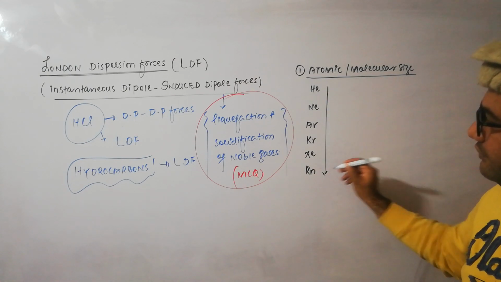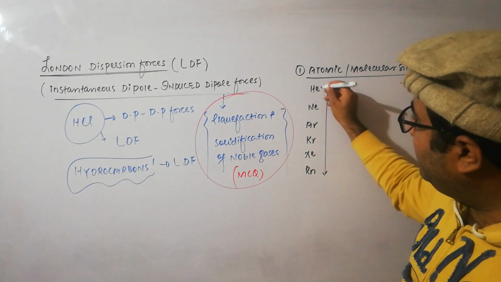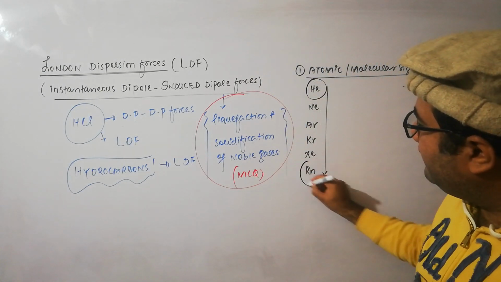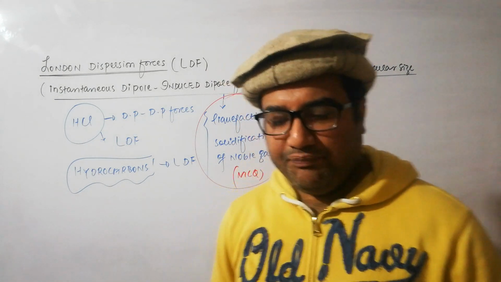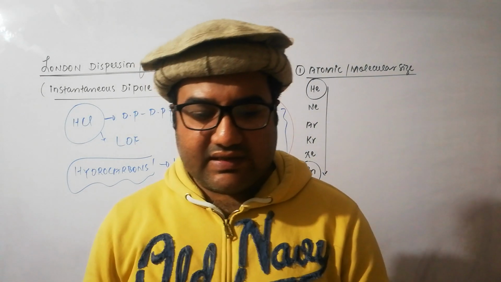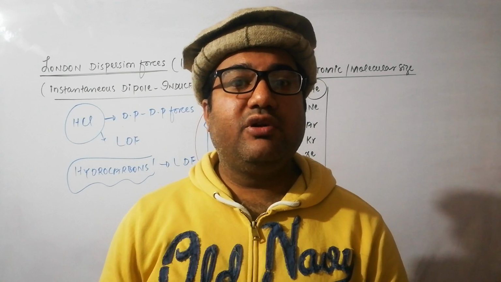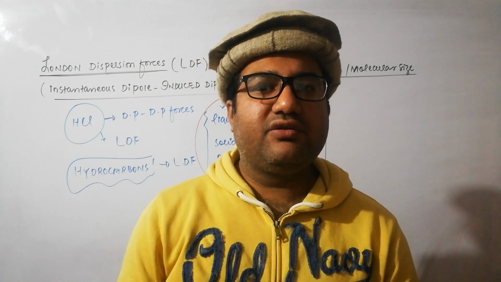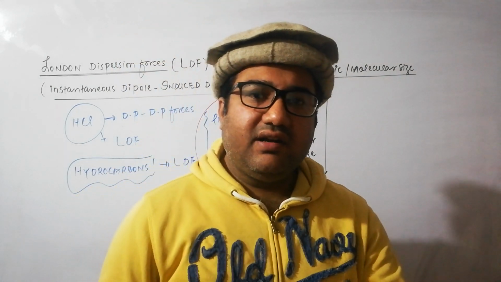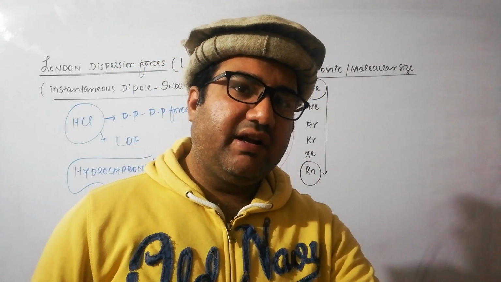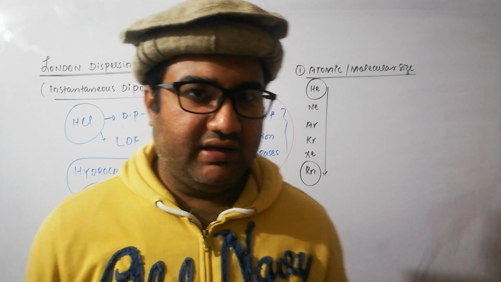As you move down the group, the atomic or molecular size increases. That's why helium has the lowest boiling point while radon has the highest boiling point among the noble gases. Why? Because greater the size, easier will be the polarization. More will be the polarizability, meaning distortion of electrons of larger atoms becomes easier. So greater the easiness of distortion of electrons, that will give rise to stronger London dispersion forces.